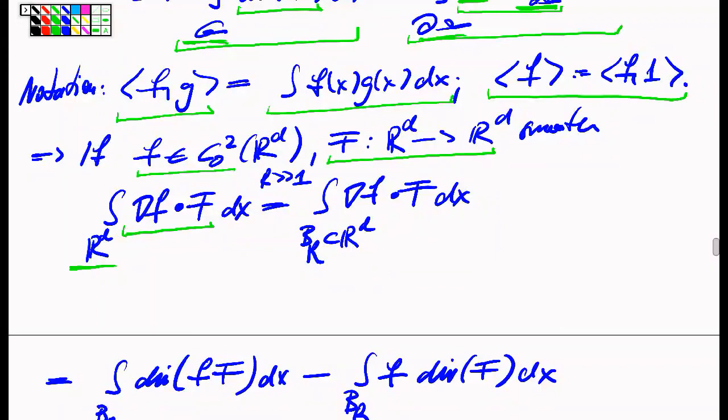So therefore, if the function f is compactly supported, there is a sufficiently large ball such that the whole support of the function f is contained in that ball. So this integral is the same as if I do this integration only on this ball, which is a certain compact subset of the Euclidean space.